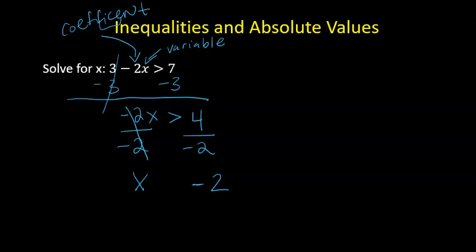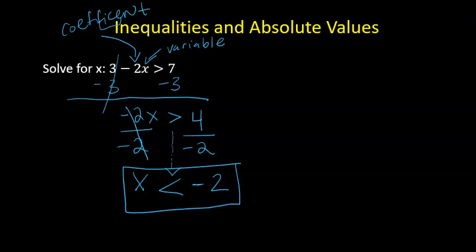I have this symbol here that looks like it's greater than because it's facing the left side, but I divided by a negative number. If I divide by a negative number, I have to take this symbol and place it flipped over like this. So this is my final answer.